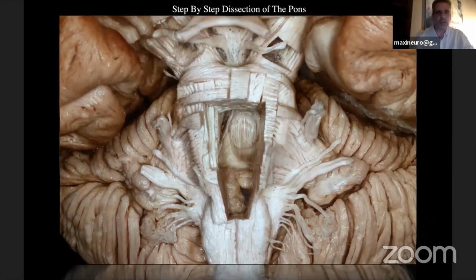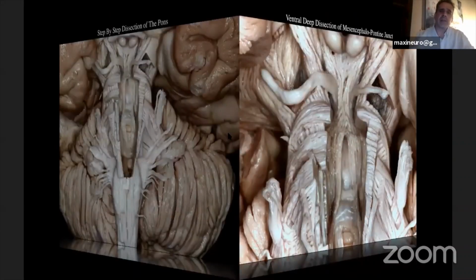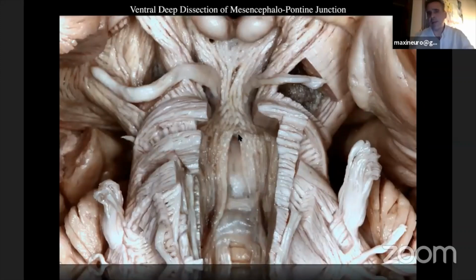This is the full view, the totally full view in the big window. I made a big window to understand the complexity of this dissection, to see, like I want to show you now in a closer view, the decussation of the superior cerebellar peduncle from a ventral view.